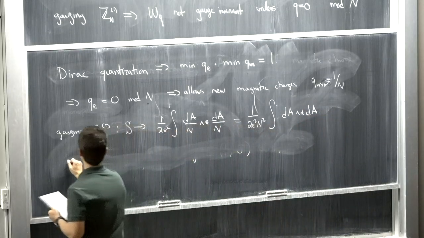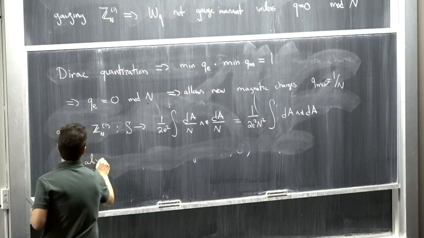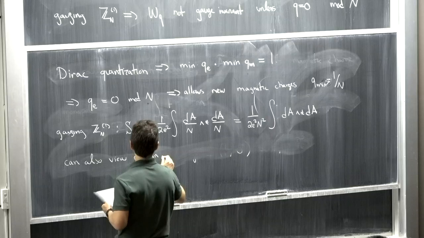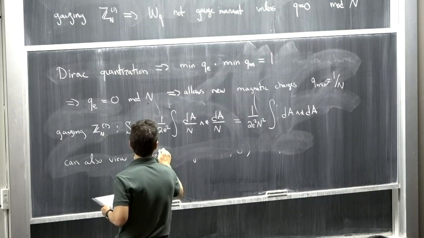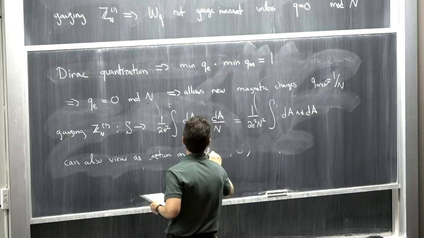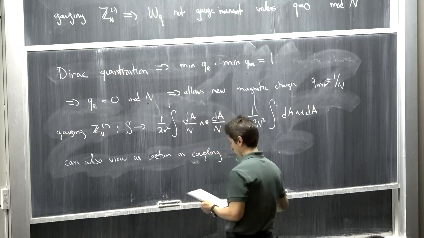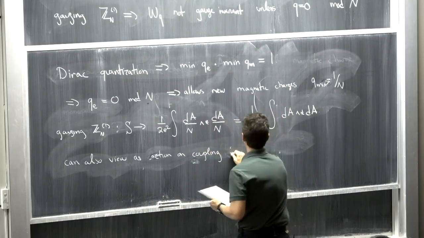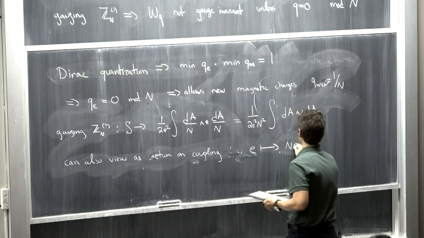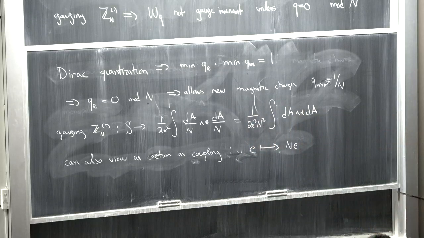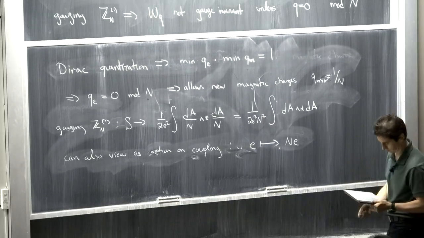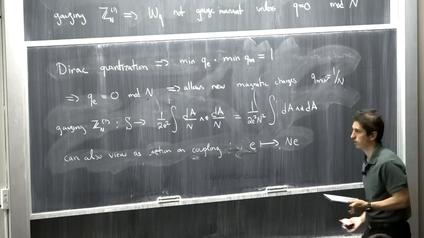And so we can also view this as an action on the coupling constant. So it took E and it mapped it to N times E. Okay?